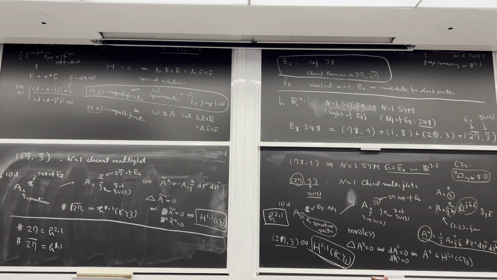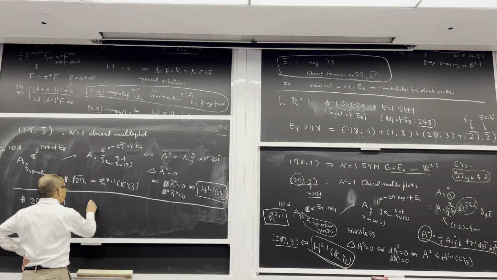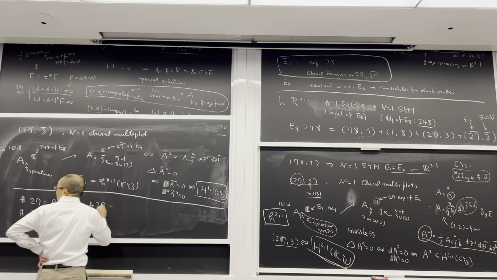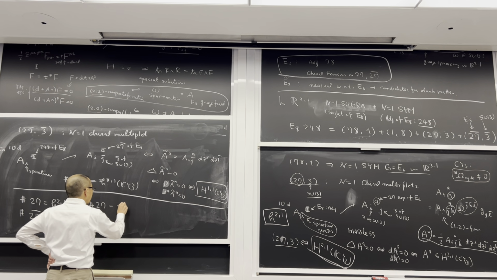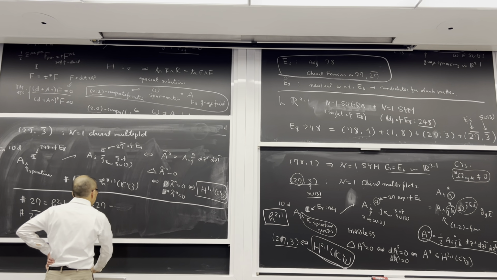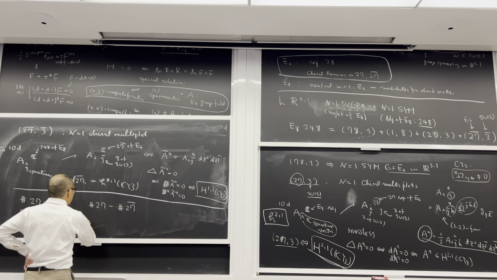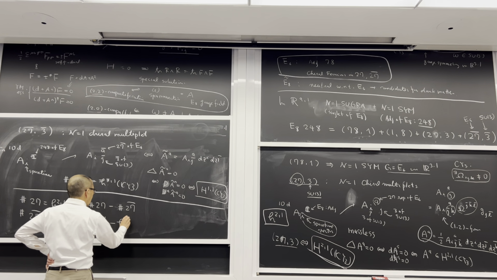So in particular, the interesting invariant is the difference of 27 and 27 bar, which is equal to H21 minus H11.